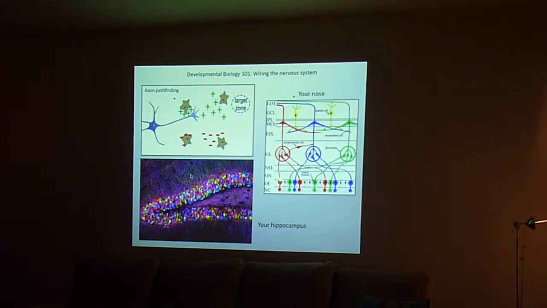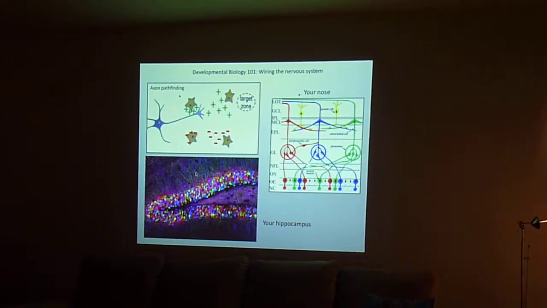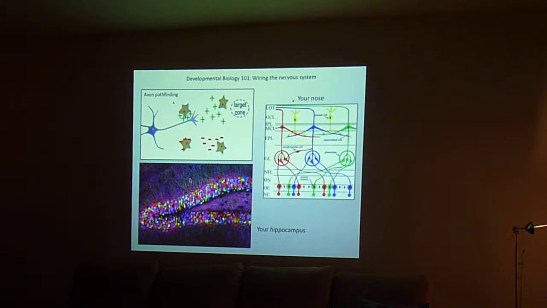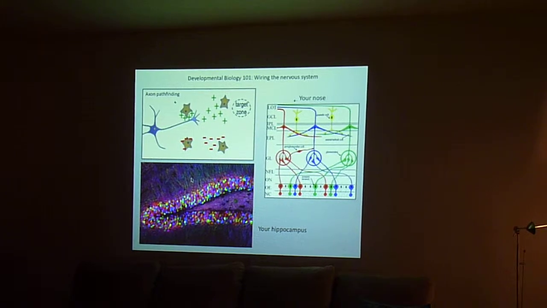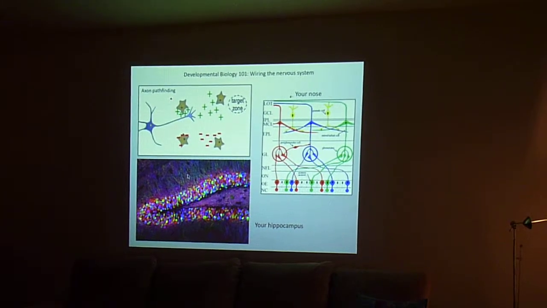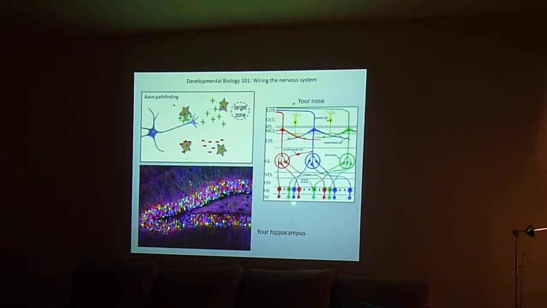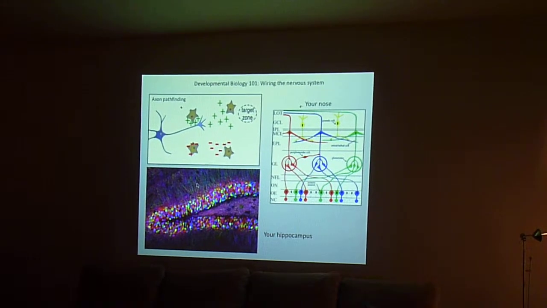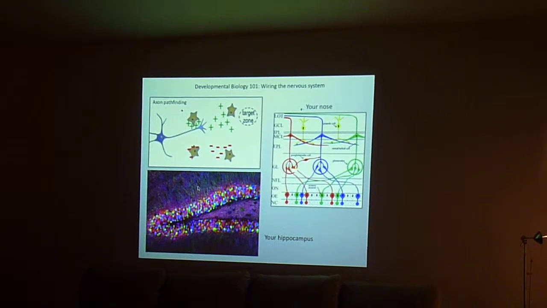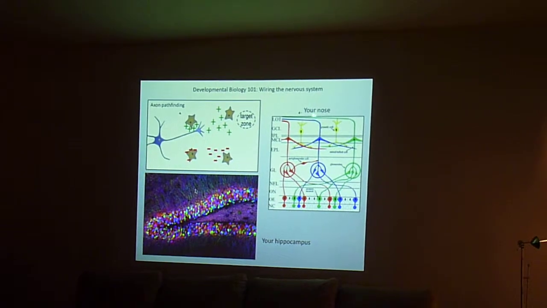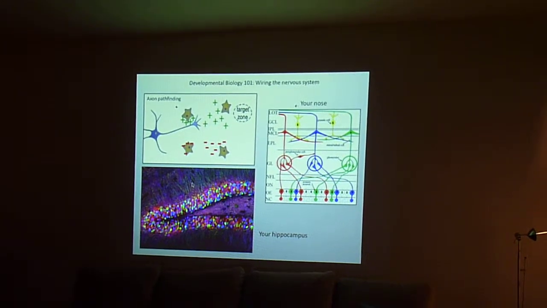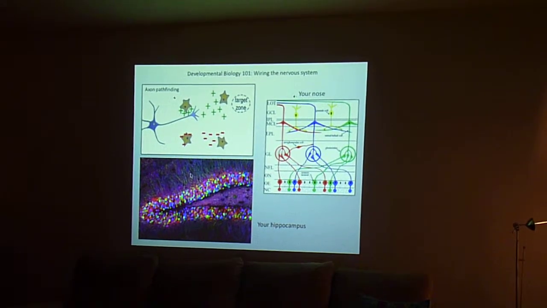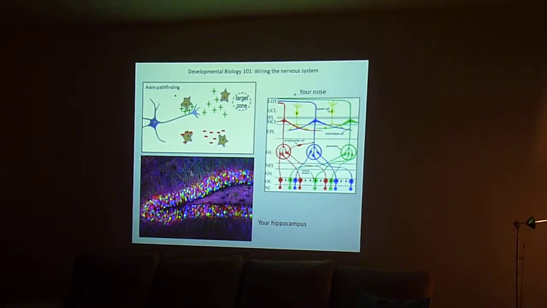This would be an example of your olfactory neurons, the neurons in your nose. You have a set of olfactory neurons that are exposed to the environment, but then they have to make a whole bunch of connections to eventually make it into the olfactory region of your brain where you can process smells.